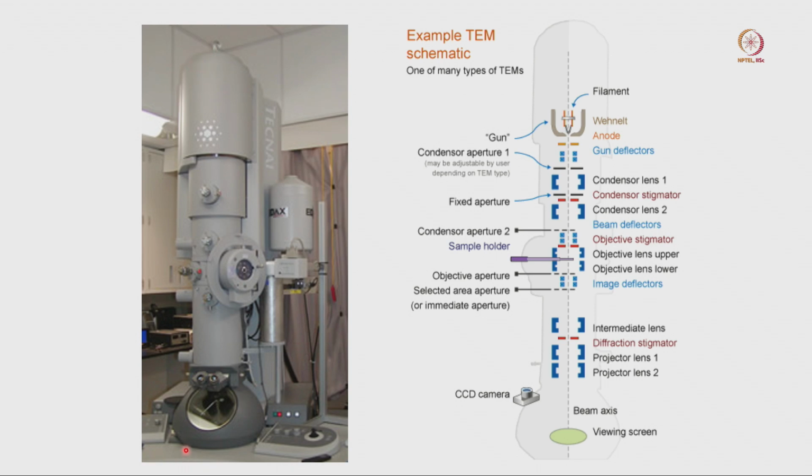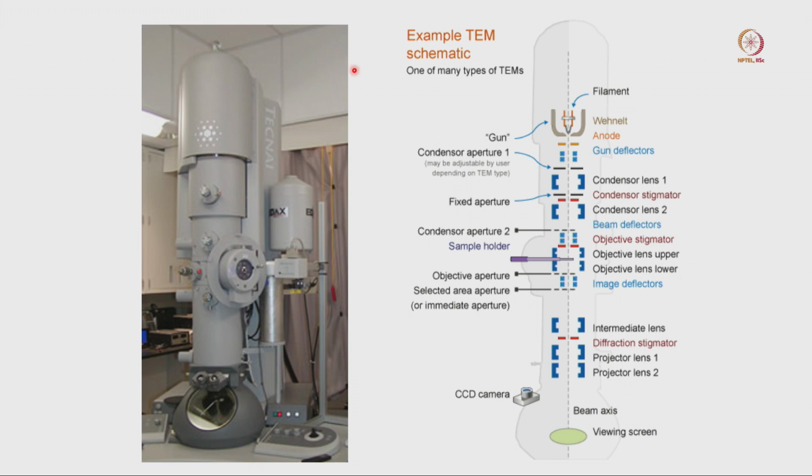So now you can see this is an electron microscope. This is a 200 kV microscope, made by TechNI or FEI, and this is the schematic diagram of this electron microscope. The top part of this microscope is connected with our high tension.